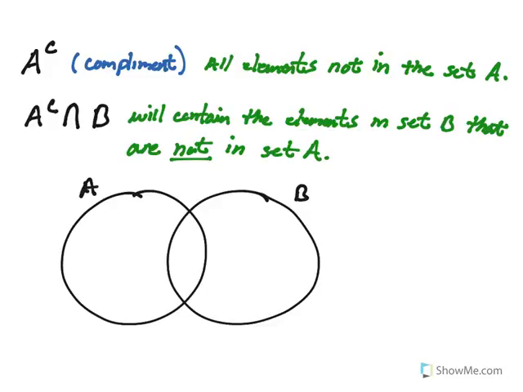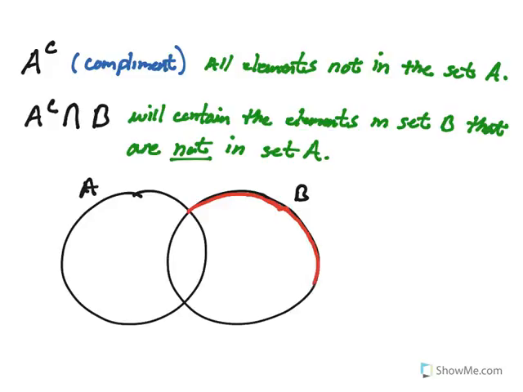The intersection of complement A and B, again, these elements will contain the elements in set B that are not in set A. So if they're in set B, then they have to be here.